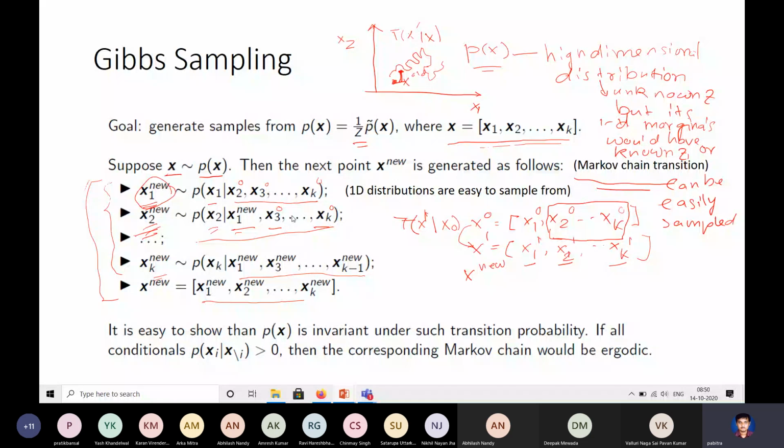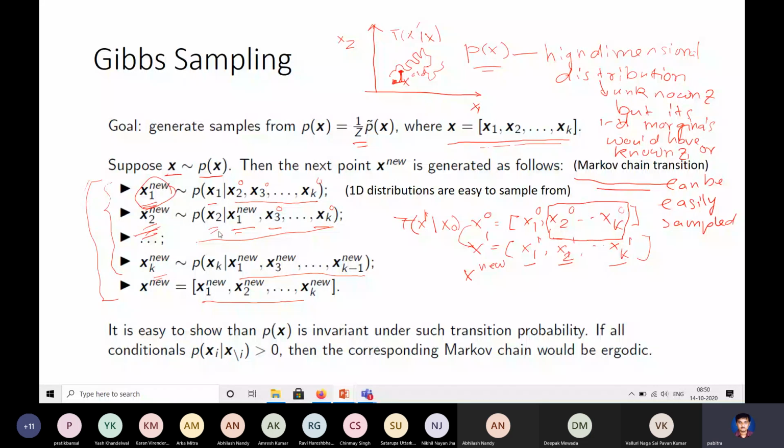It would be the product of these 3 probabilities because these 3 are independent. I'm doing them independently, I'm not tying them up. So the total transition probability is the product of these 3 conditional one-dimensional probabilities.